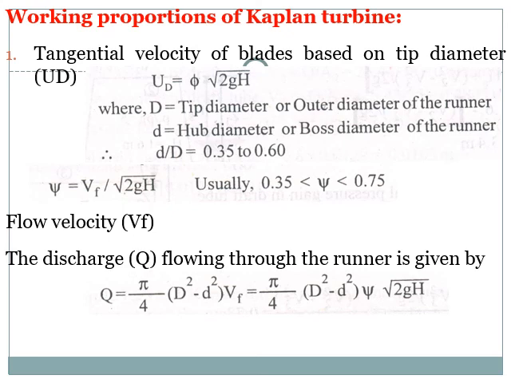Next, the velocity of flow Vf is termed as phi into V1, where V1 is the square root of 2gH. For that reason, instead of Vf, it is substituted as phi into square root of 2gH. That is the expression for the discharge through the Kaplan turbine or propeller turbine.